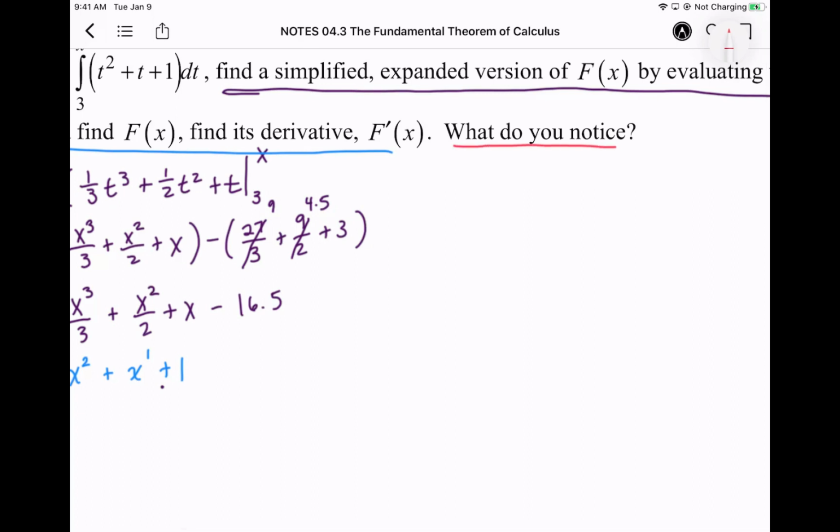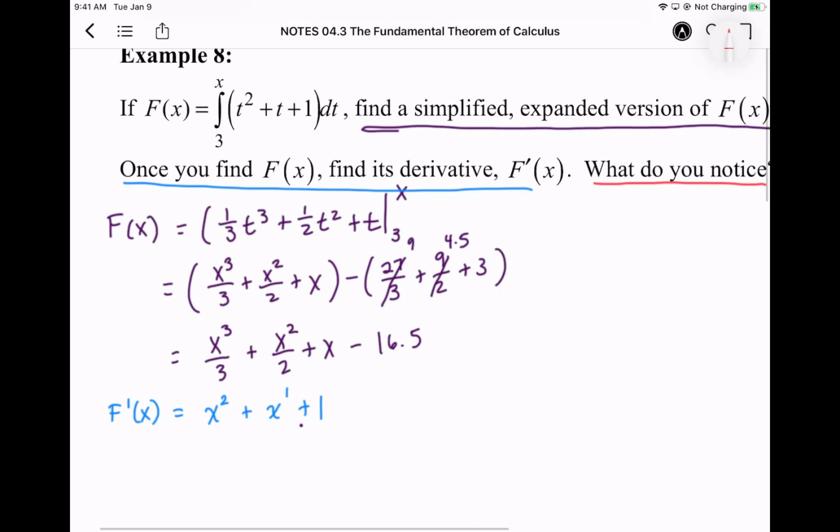What do we notice? Looking at the final answer that I got, I do notice a likeness between my final solution and the equation that I started with. Right here, it's very similar to right here. I just noticed that my final equation is in terms of x.